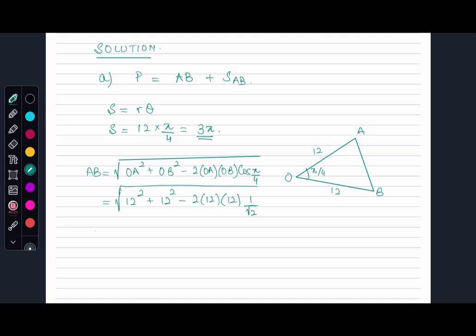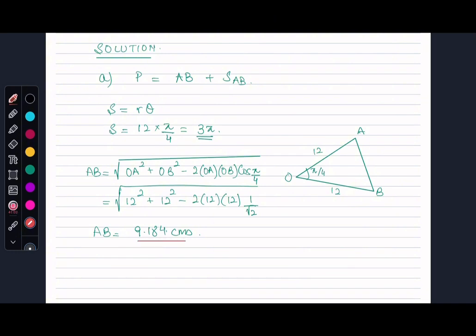So solving it, I will get the chord length AB, and this is going to be 9.184 centimeters. So we have the arc length and we have the length AB, which is 9.184 centimeters.